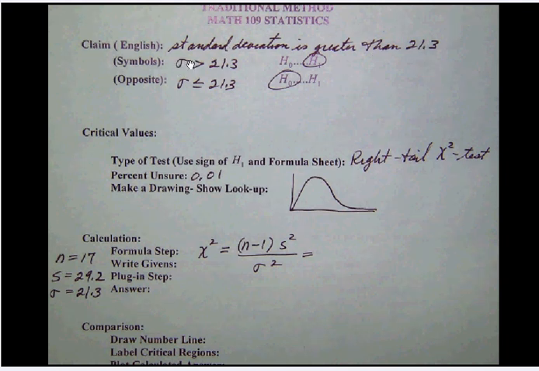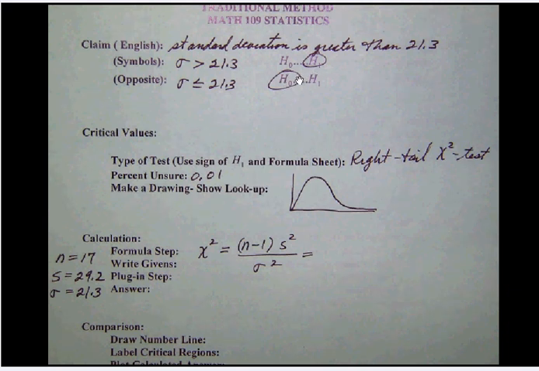Be careful on this particular problem. Sometimes they ask for the variance, and the variance, of course, is sigma squared. So the symbol for variance is sigma squared, but for standard deviation, just sigma. And of course the opposite of the claim, less than or equal to, becomes our null hypothesis. So I've got those set up here as before.